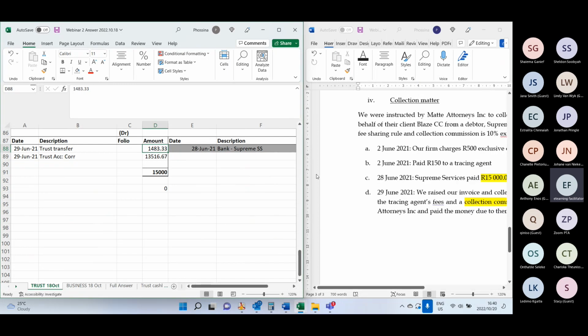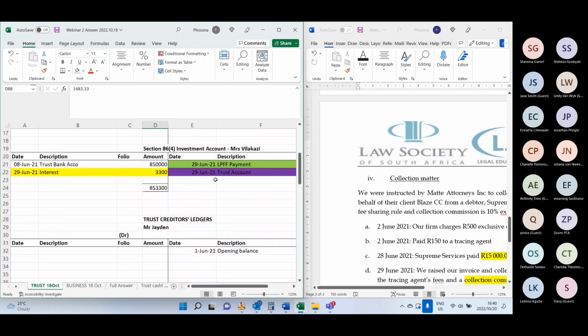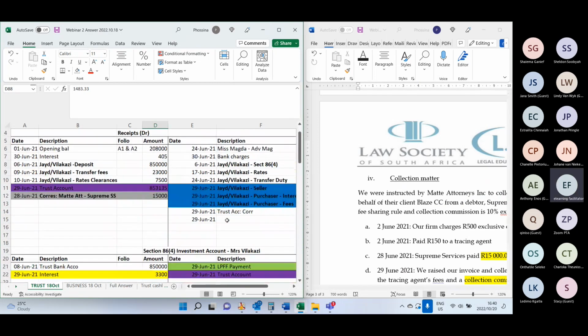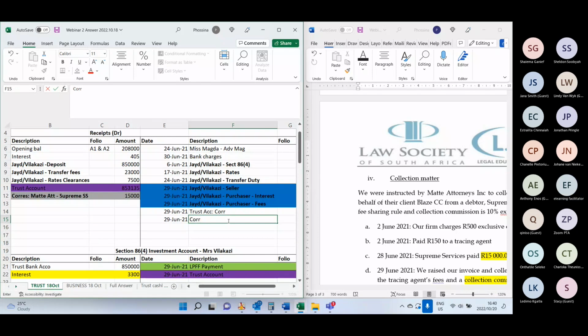And then we go to the trust. We go back to our trust cash book, and this is our correspondent, but it's our fee plus our disbursement that we are transferring.